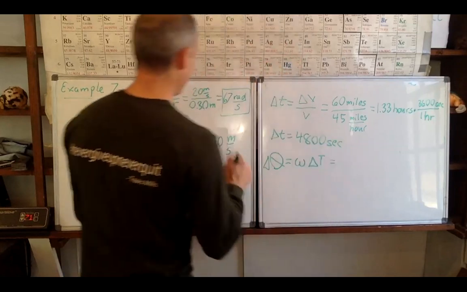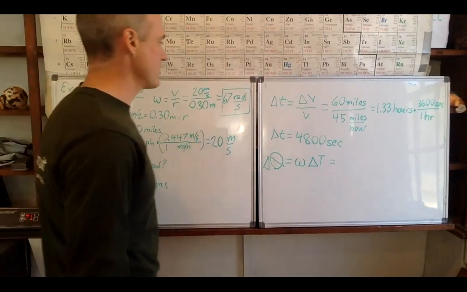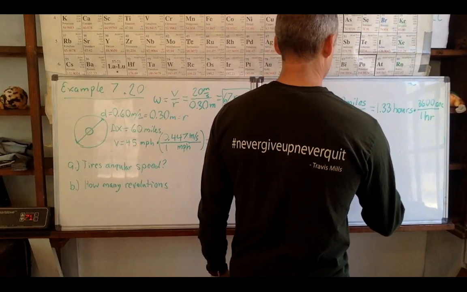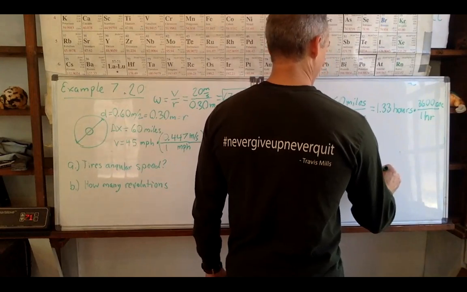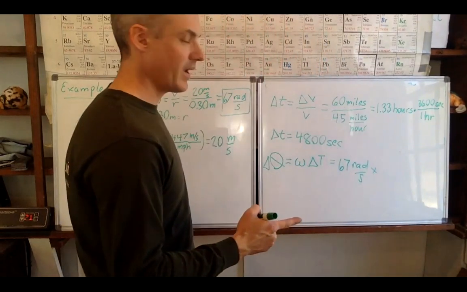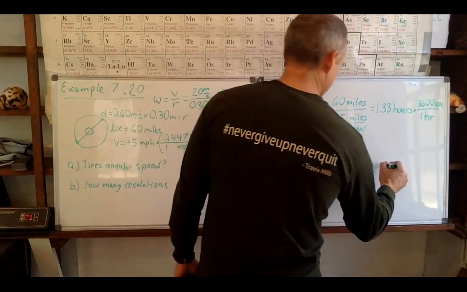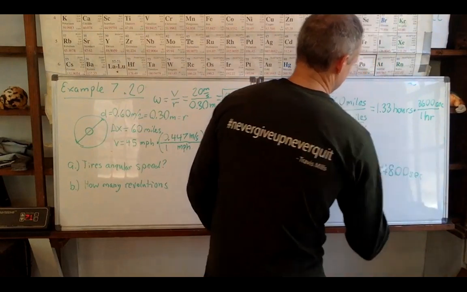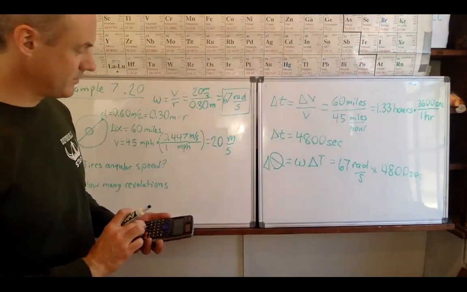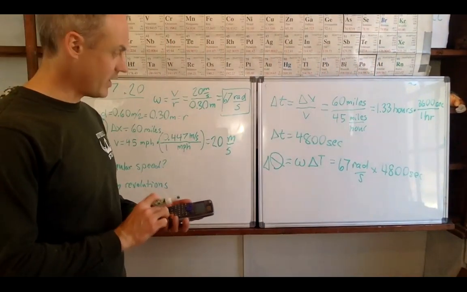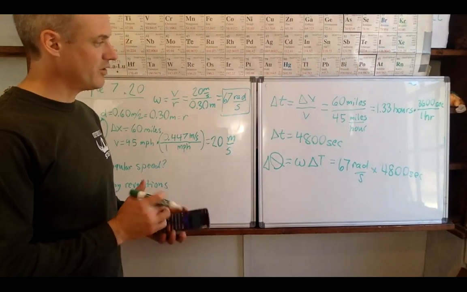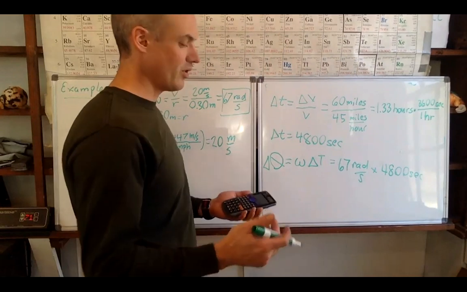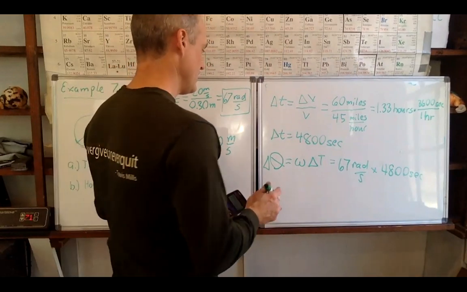So we previously found that it was 67 radians per second, and we're going to multiply that by 4,800 seconds. You'll notice that seconds are going to cancel out, so we're just going to have a total amount of radians.